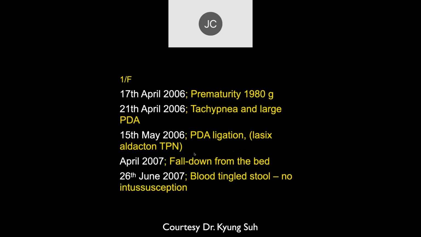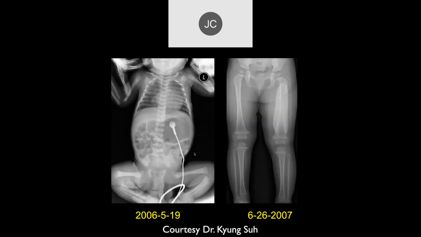Okay, we have a 1-year-old female, born premature, tachypnea, PDA ligation, fell down from the bed, now blood-tinged stool. No intussusception. Radiographs of the left femur: here's 2006, here's 2007 after the fall.